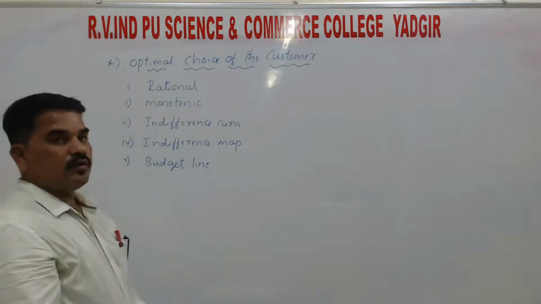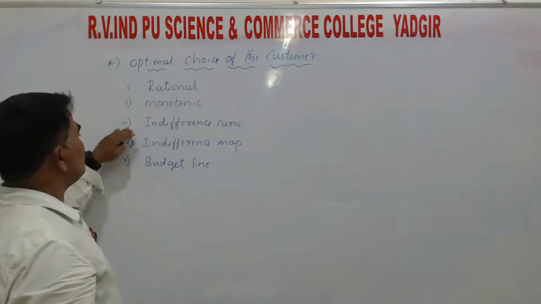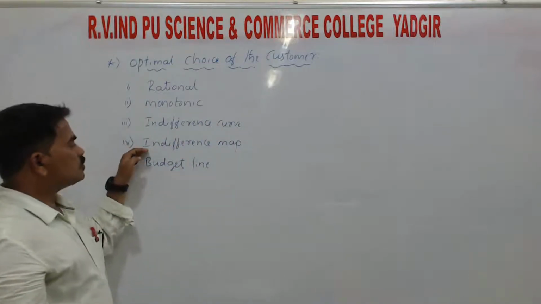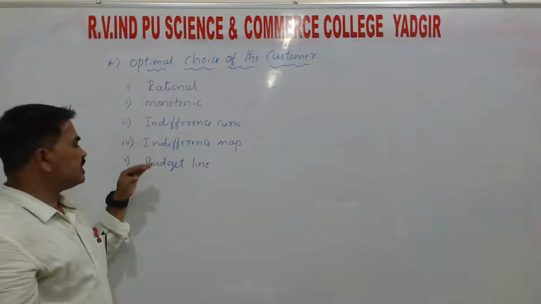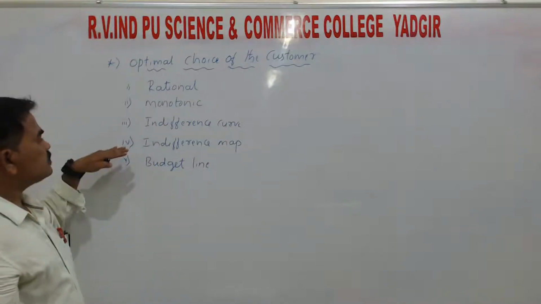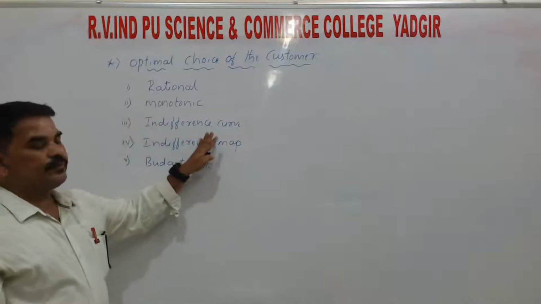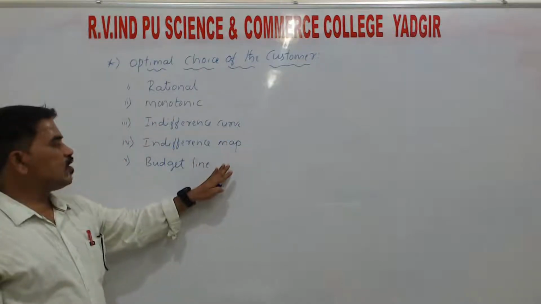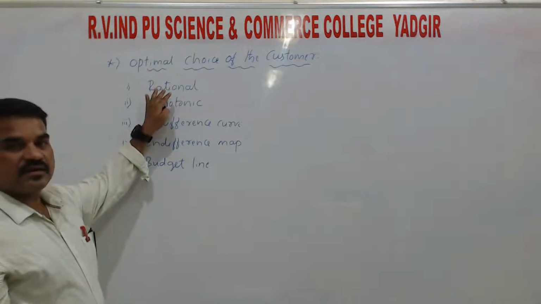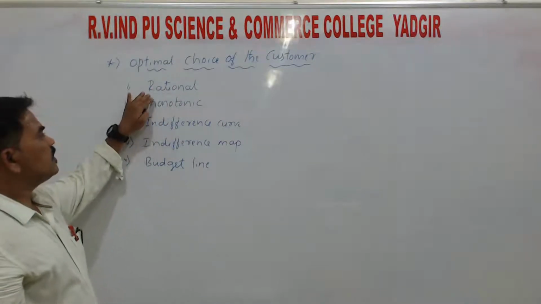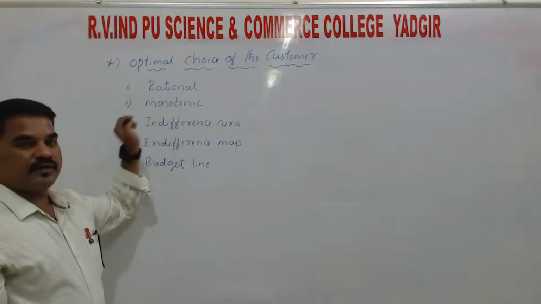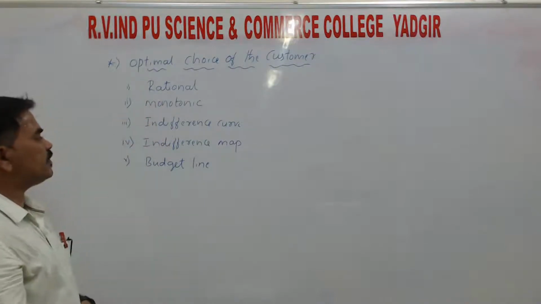As we already know and discussed what an indifference curve is, and we also know what an indifference map is and what a budget line is, we will again have a brief idea of all these things: who is a rational consumer, what we mean by rationalism, and what monotonic preferences are.